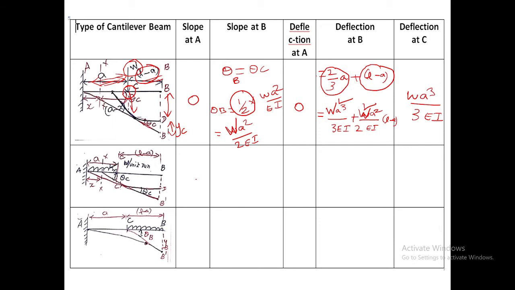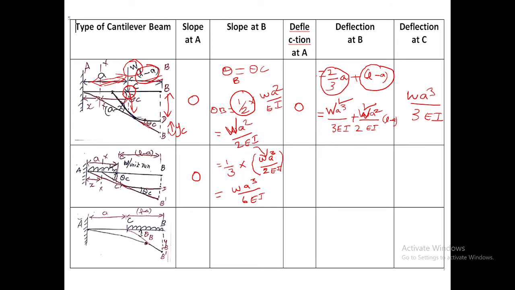Here, a point load and a uniformly distributed load over some distance only. So, slope at A is 0. Slope at point B is one by 3 into small w a cube divided by 6 EI.